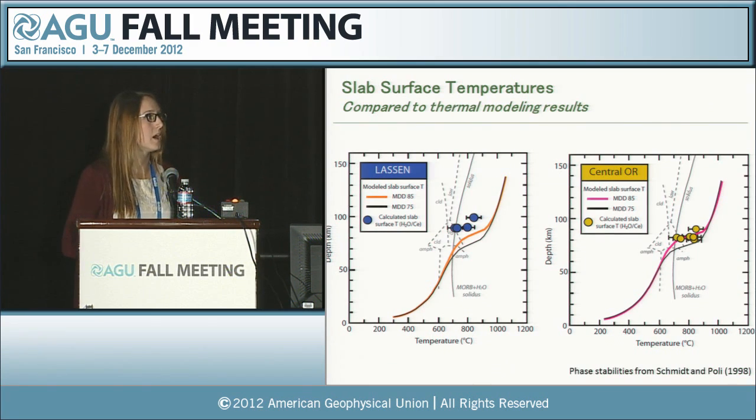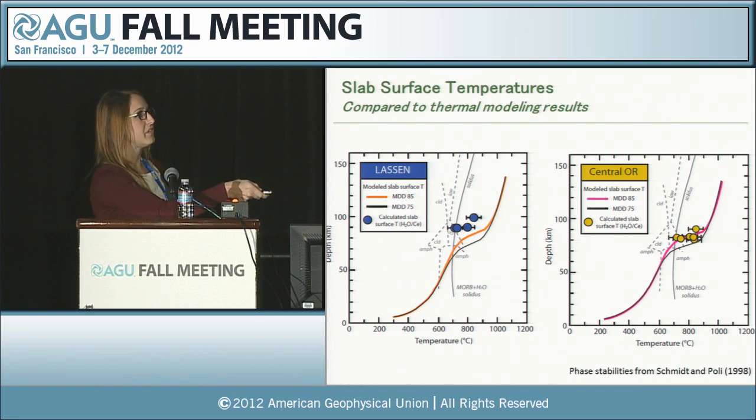And lastly, coming back to the initial question of what does happen to dehydration reactions and melting in this really hot subduction zone, I've superimposed the phase stabilities of a metabasalt from Schmidt and Poli 1998, showing the breakdown of important hydrous phases, such as amphibole.